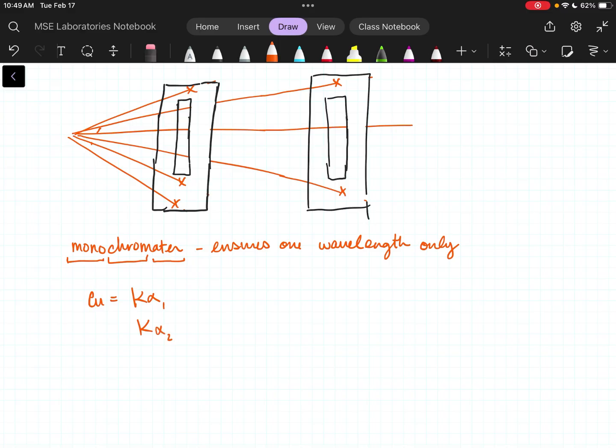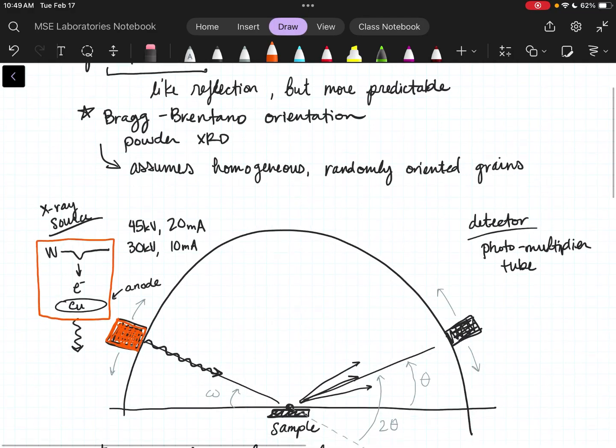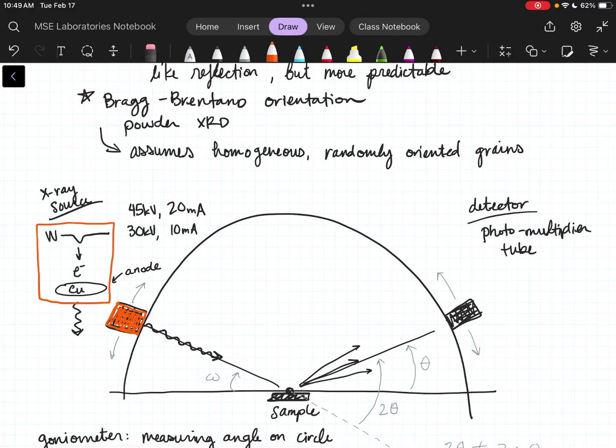Copper has two main X-rays that it puts out. It has copper K alpha 1, that's what I've drawn there, and then K alpha 2.